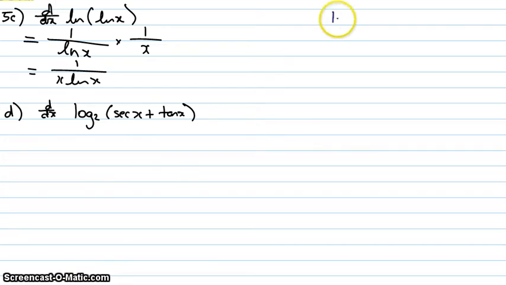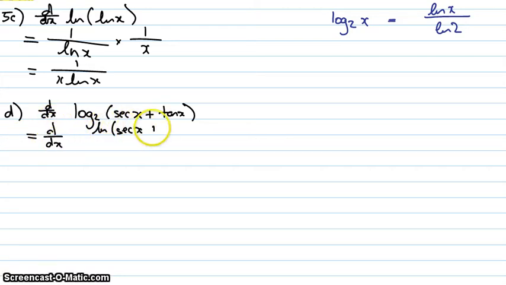So I know that log base 2 of x is the same thing as ln x over ln 2. So I'm just going to change this to something I do know how to differentiate. This is equal to differentiate ln (sec x + tan x) all over ln 2.